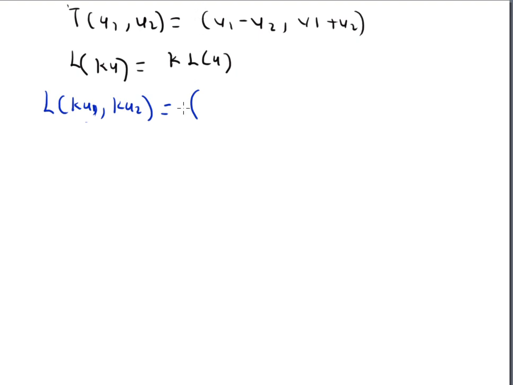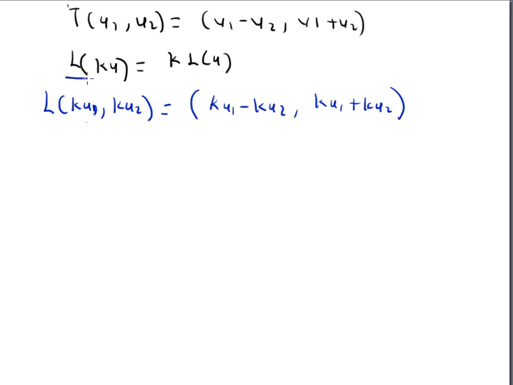So once you apply this formula to our expression, we don't have to bring L here. The first term minus the second term, we get (ku1 minus ku2, comma ku1 plus ku2). This is our first expression for L(ku).